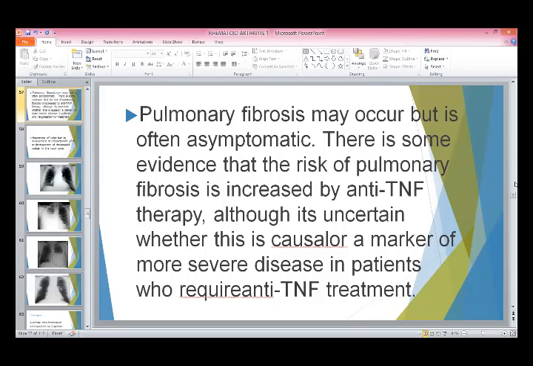There is some evidence that the risk of pulmonary fibrosis is increased by anti-TNF therapy, although it's uncertain whether this is a marker of more severe disease in patients who require anti-TNF treatment.